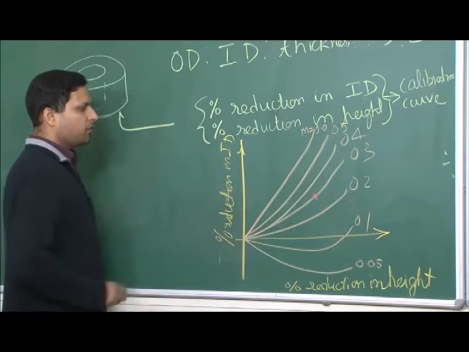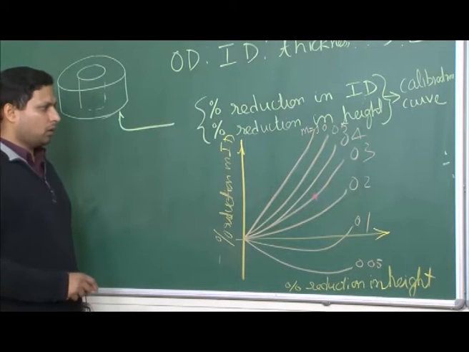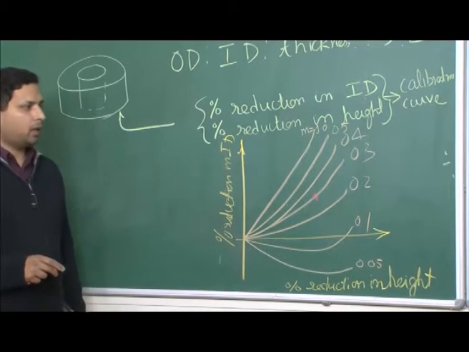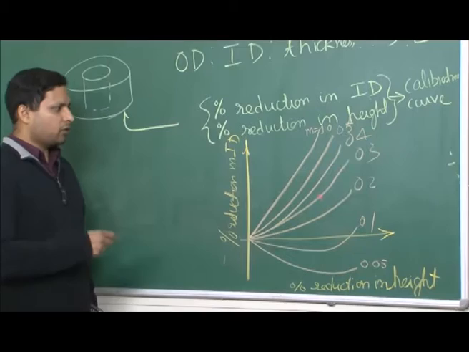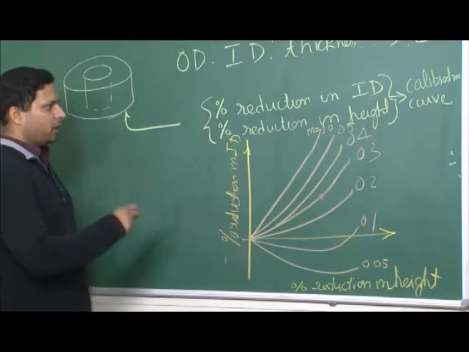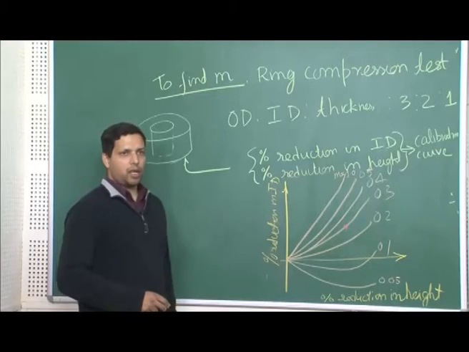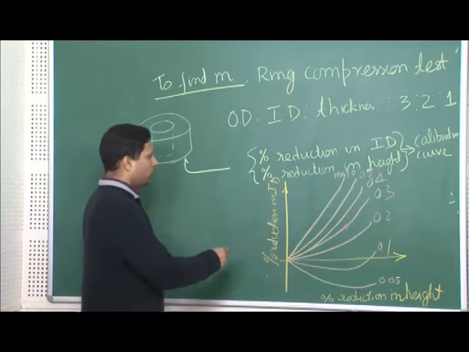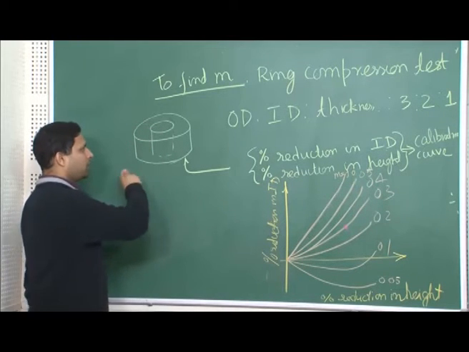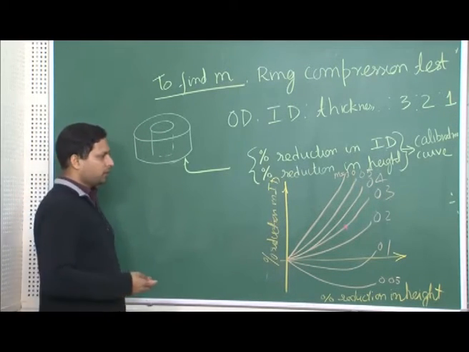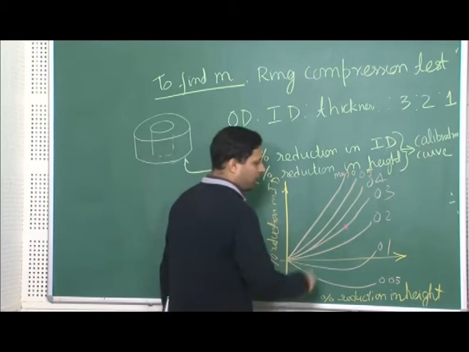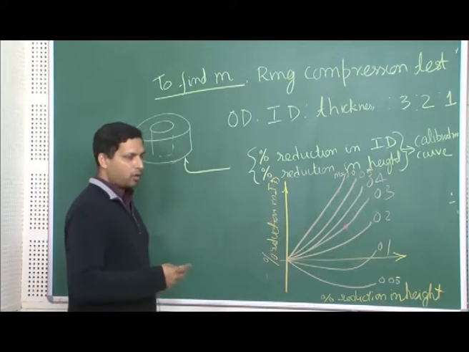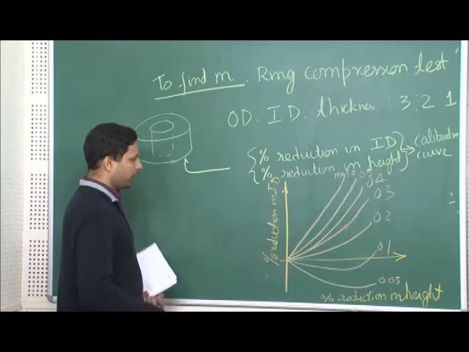So, it becomes a very straightforward way to calculate m, and it is because of this reason it is widely used, particularly like I said in extrusion and forging, because when you are compressing it you are actually doing forging. So, this curve can be directly related to forging and you can obtain the friction condition for forging.